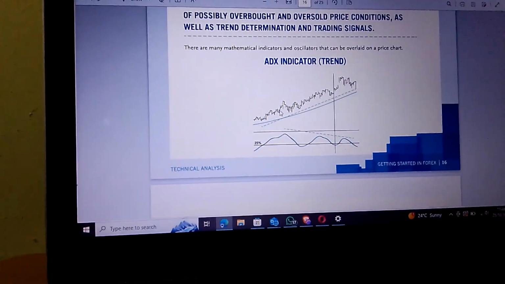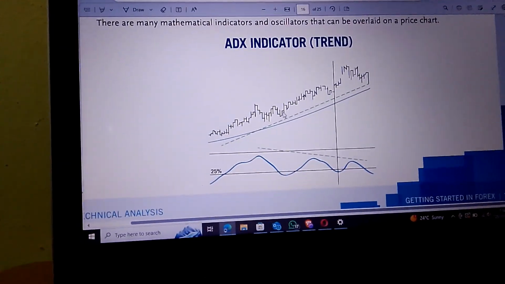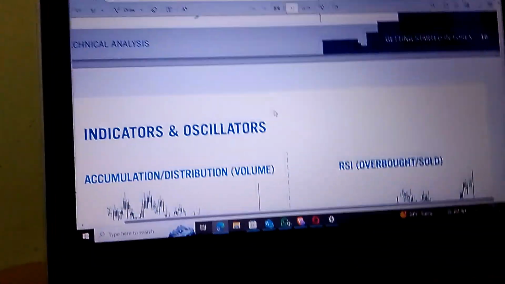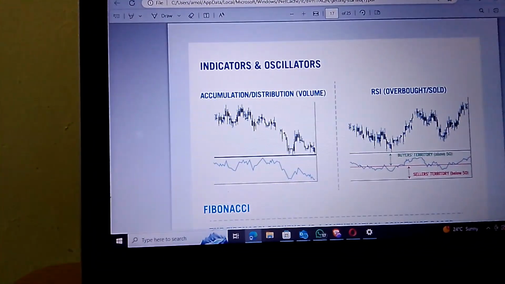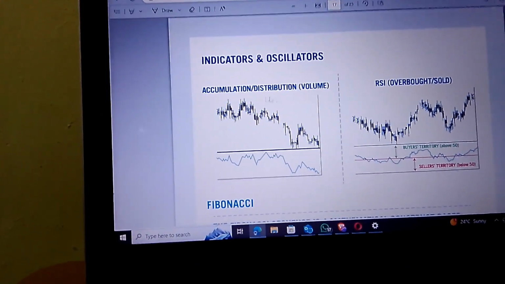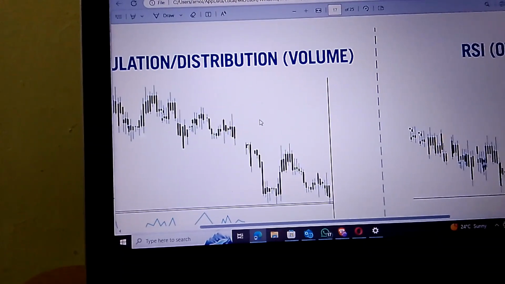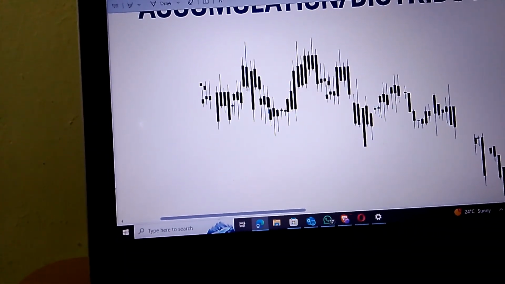ADX indicator, that's one example. We need another book for that. I'll look for a book and then recommend it for us. Indicators and oscillators, accumulation/distribution volume. Okay, we just need to see what they look like.